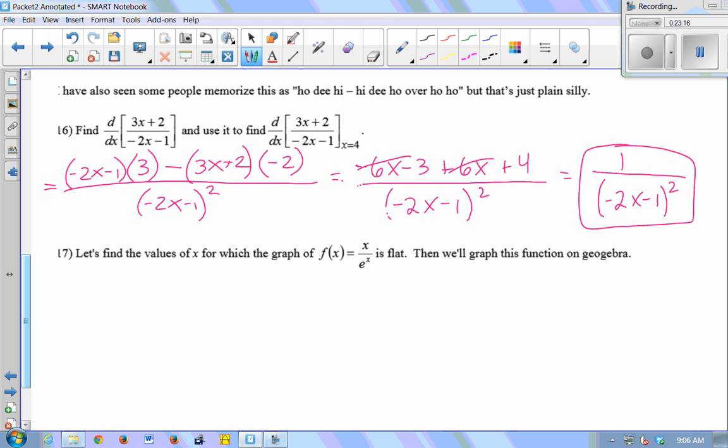Does that make sense? All right, so then the second part, we were supposed to find the derivative evaluated when x equals 4. So how do I get that?